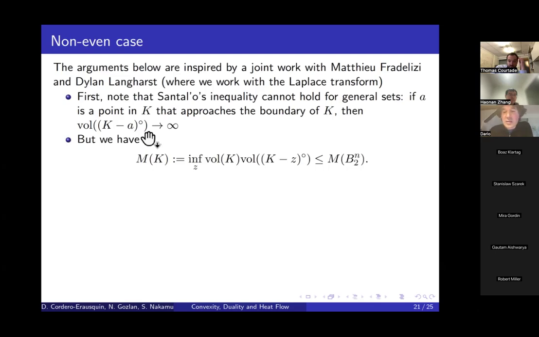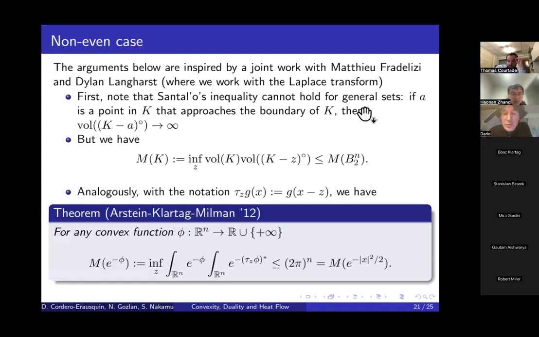Nevertheless, there is a very well-known result that if you take the infimum over translations in the volume product, then indeed it holds that this is again maximized by the Euclidean ball. And you have the same result for the functional version.